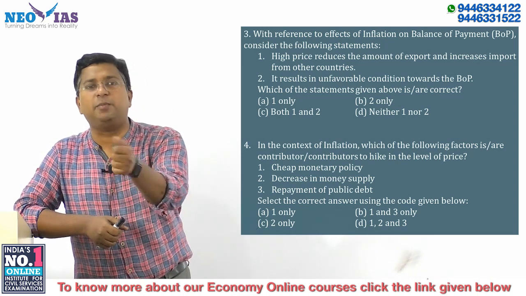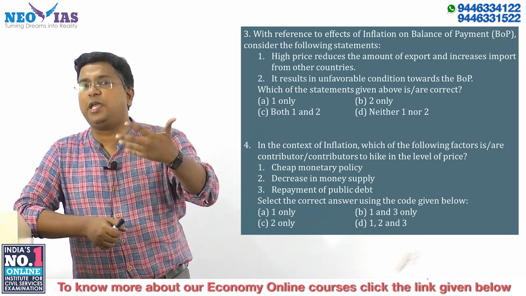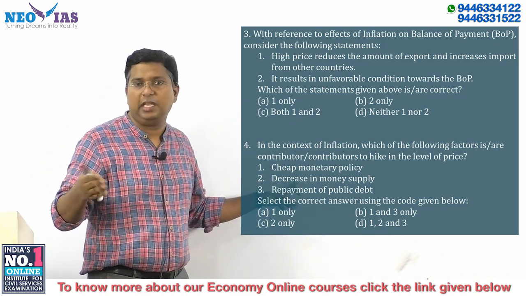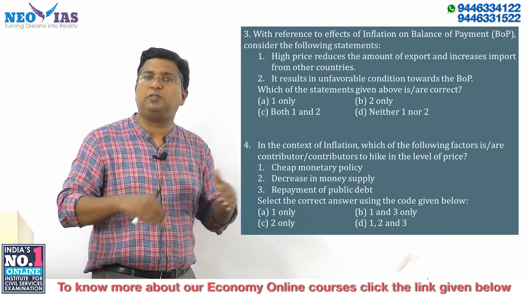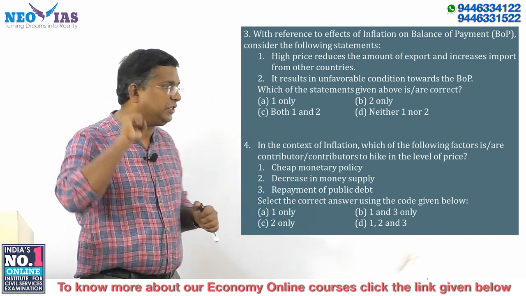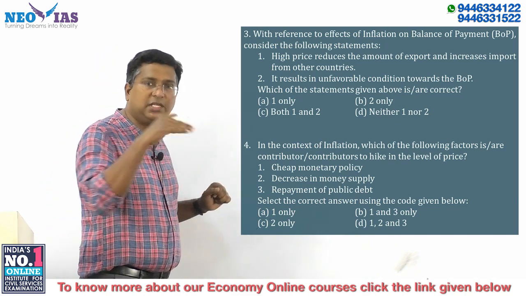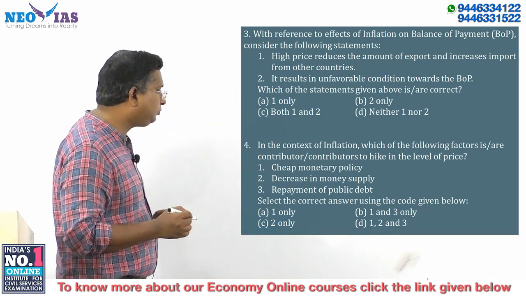Decrease in money supply, there will be less demand. So decrease in money supply is one of the measures used by the RBI to control inflation. It will not result in inflation; rather, it will result in lower demand. So 2 should not be in the answer. 2 is wrong, so we can eliminate choice D also.